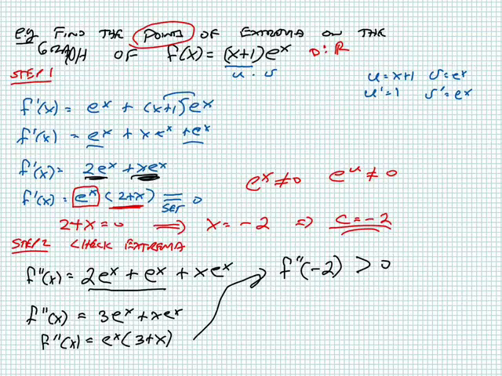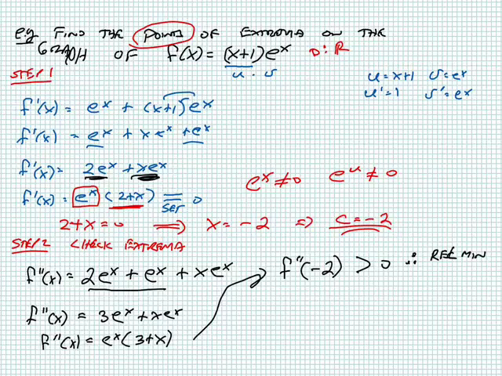Because remember, e to the minus 2 is still positive. It's just 1 over e squared, so it's a positive number. And then I've got a positive number times 3 minus 2, which is a positive number. So that's greater than 0. So that tells me that I've got a relative min. So therefore, c equals minus 2 is a relative min on the graph.